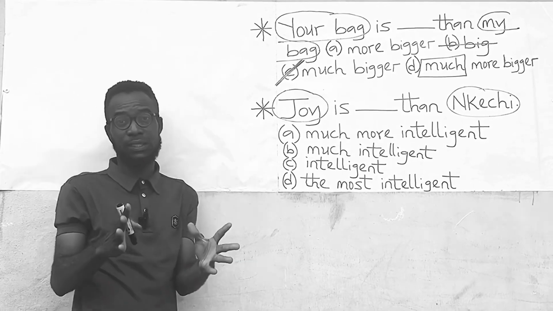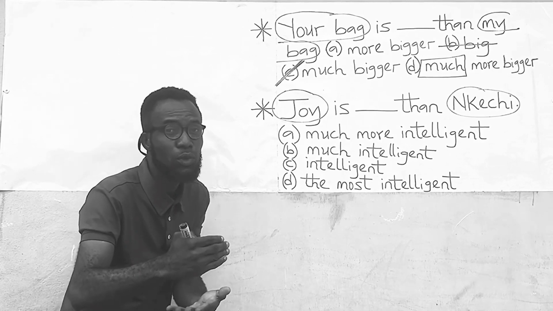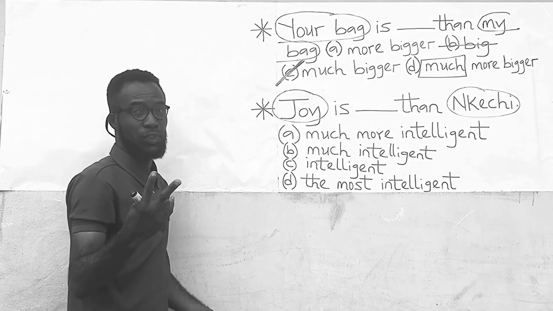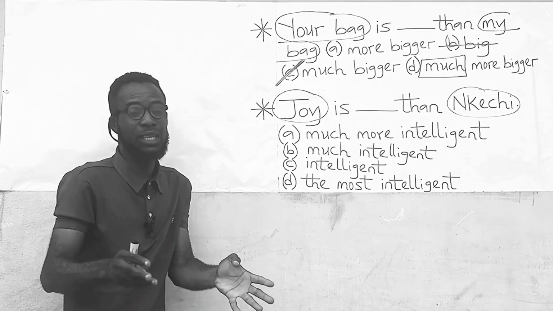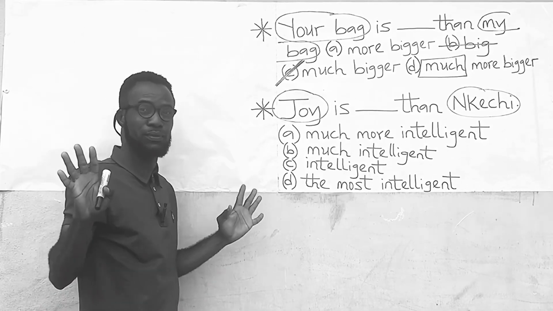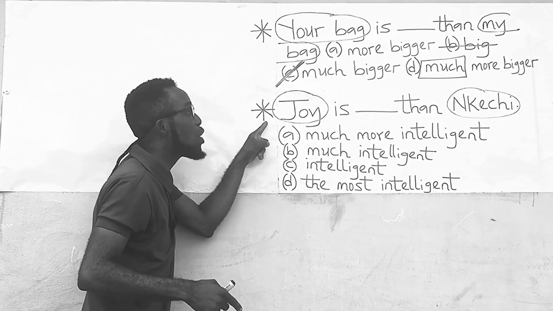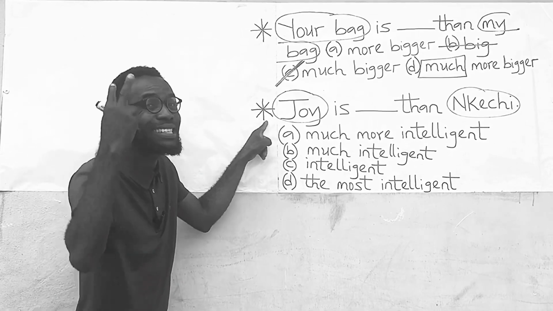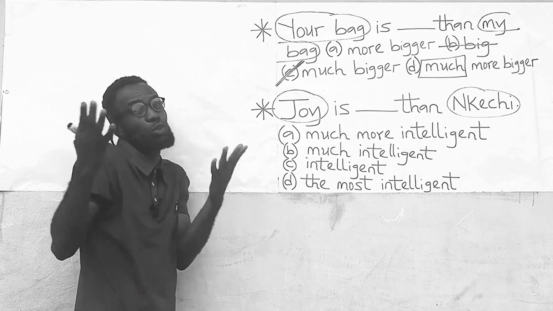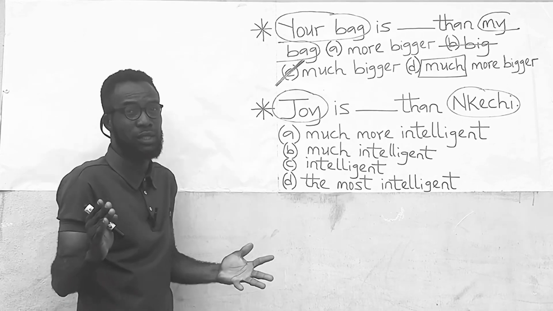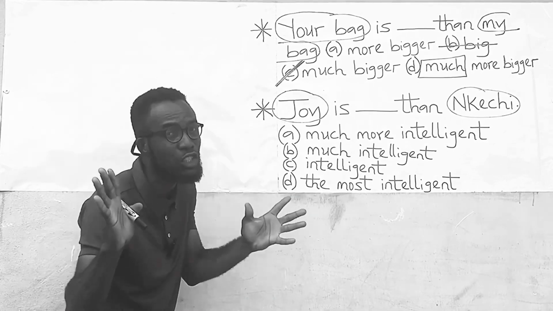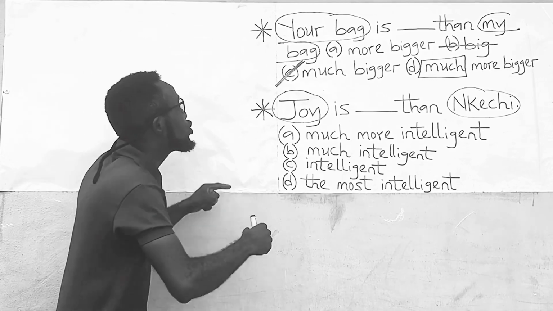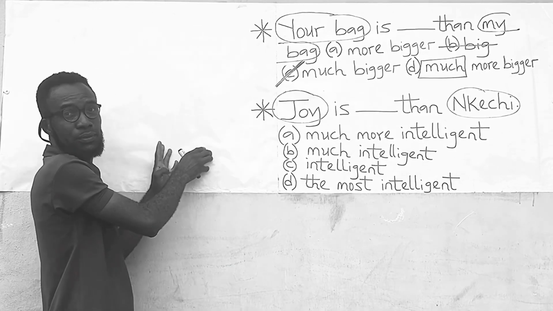And we have said that if the number compared in the question is exactly 2, then we are going to be using a comparative adjective. Insofar as the number of persons compared here in terms of intelligence is exactly 2, we should be using a comparative adjective. Now, to be on the safe side, first of all, write out the comparative adjective.